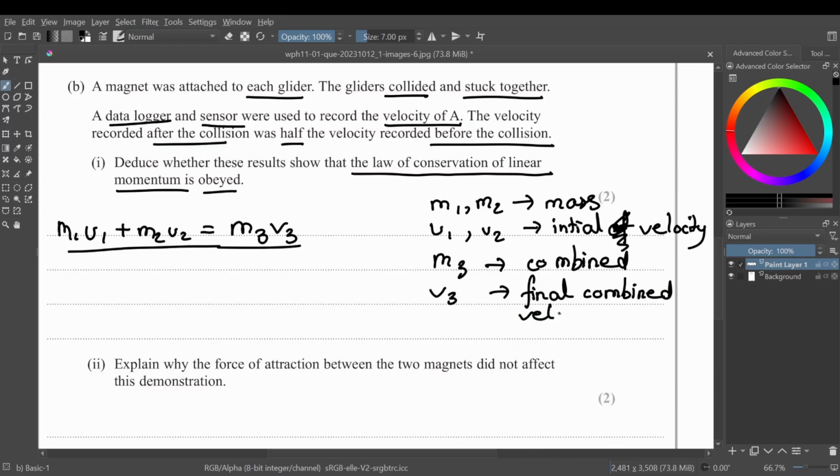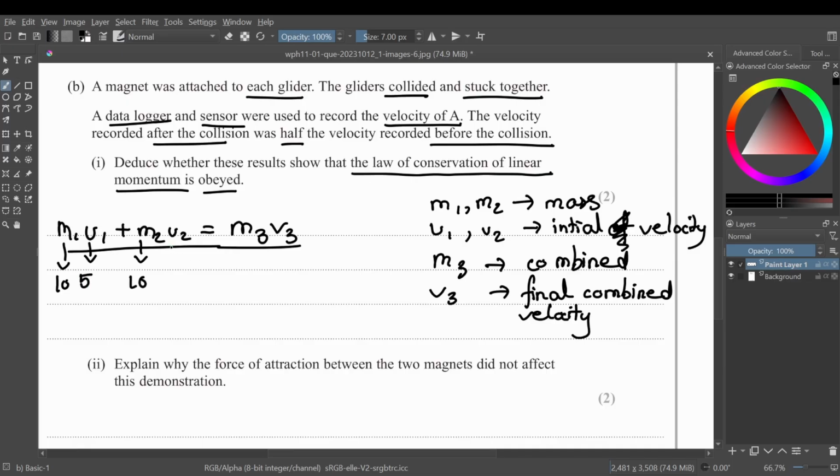Okay, so now let me explain through values. It's much easier to understand through values. So let's say that each glider is 10 kg. The initial velocity of glider A is, let's say, 5 meters per second.